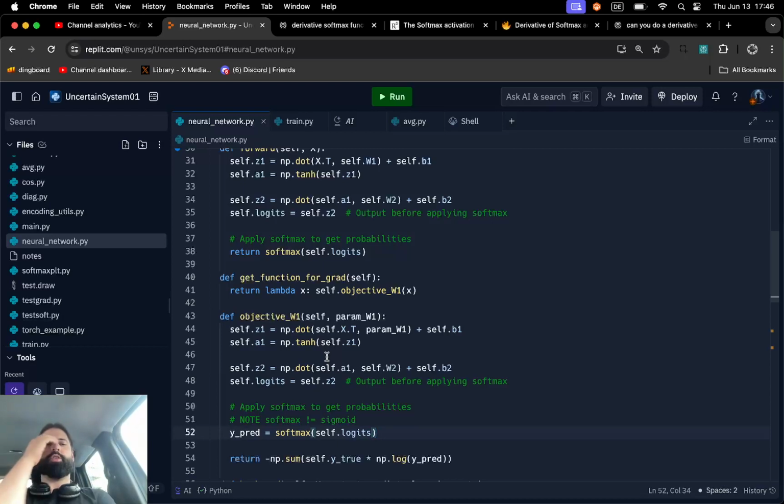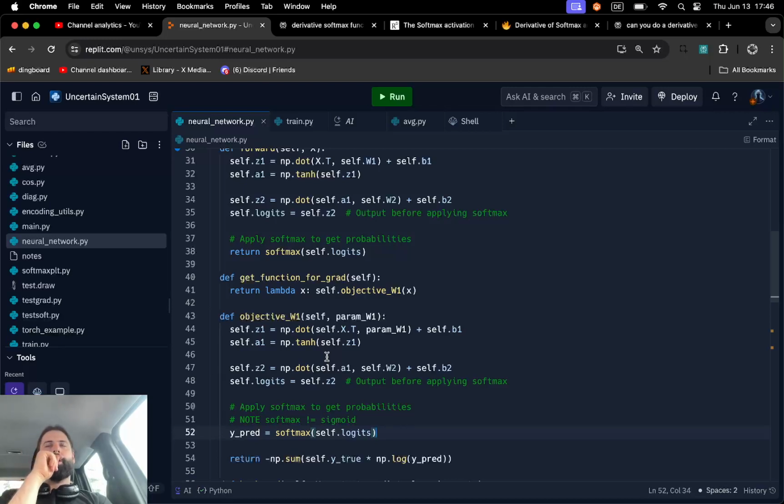The softmax function essentially transforms a bunch of logits into probabilities, yeah, exactly. Now, I guess what's happening here is that we don't have to look at these.